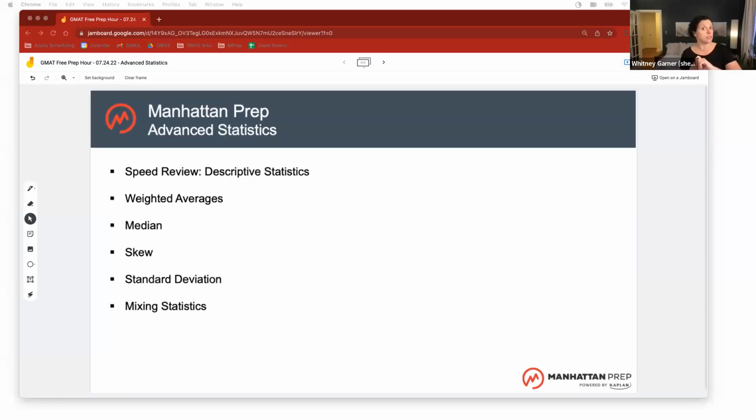We'll be covering the concepts of weighted averages. We'll look at median. We'll look at skew, this idea of distributions that end up smushed to one side or the other. We'll use that to think a little bit about standard deviation, and then a little bit of a cautionary tale on mixing different statistics with one another. And so I'm excited. This will be fun.